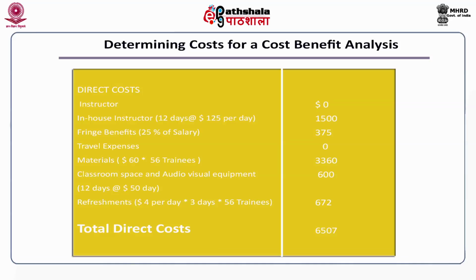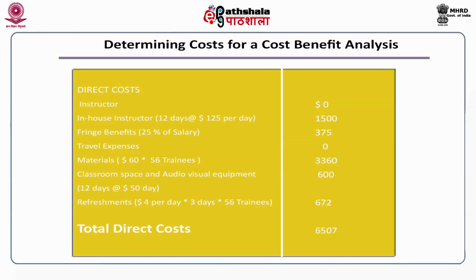Cost would be $125 per day for 12 days, which will come out to be around $1,500. Fringe benefit cost would be 25% of salary, which would come out to be around $375. No travel expenses involved as the training is conducted on the job in the organization's classroom only.